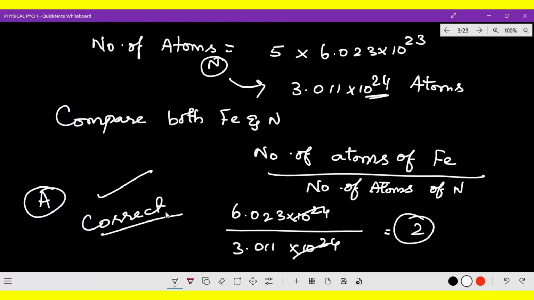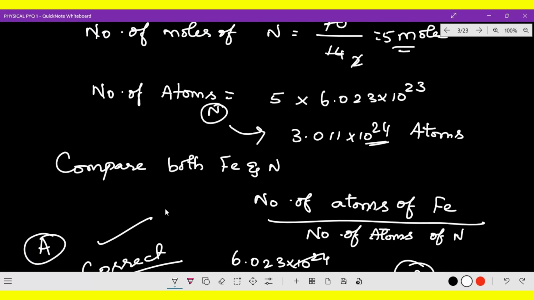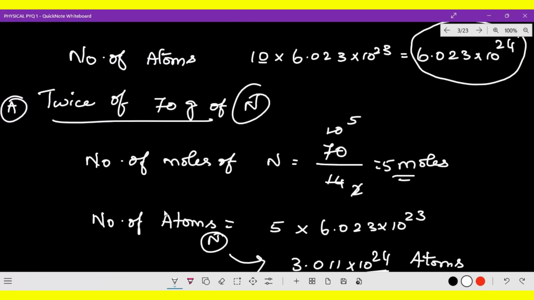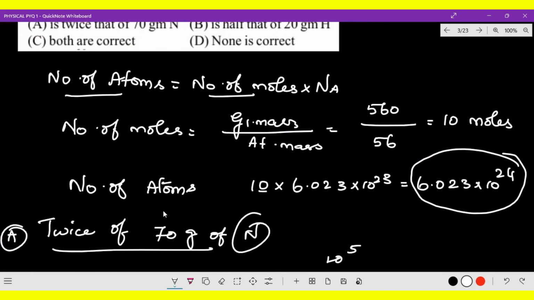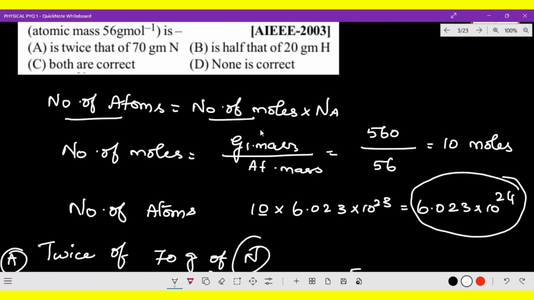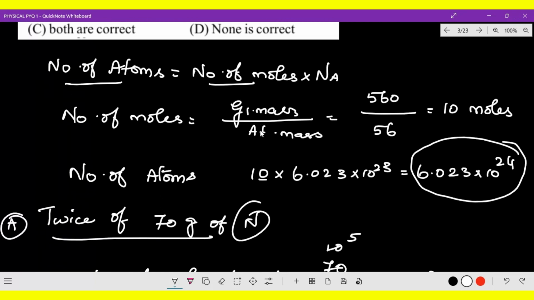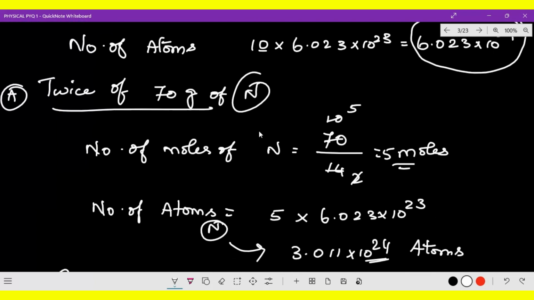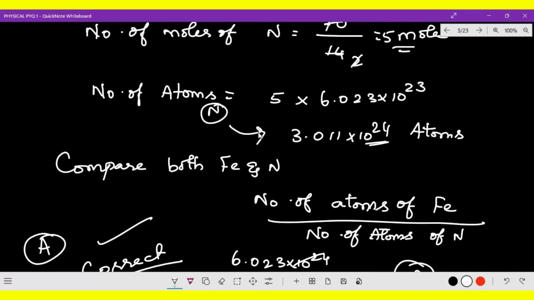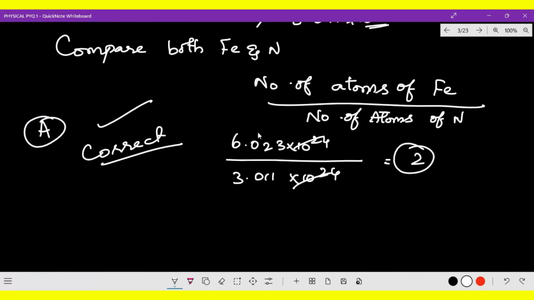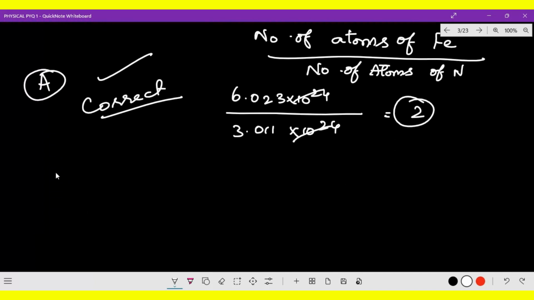Now, option B, let us check. Option B says half of that 20 grams of hydrogen. How do we calculate? The same idea. Half of 20 grams of hydrogen.